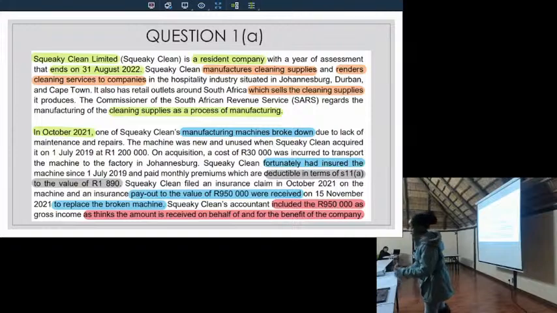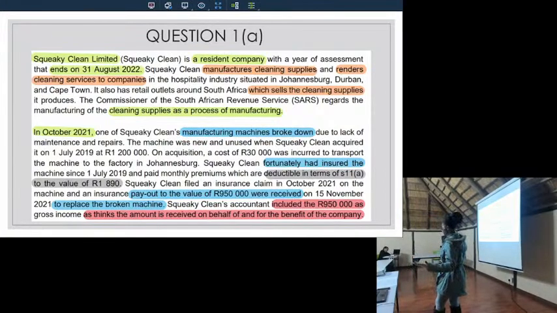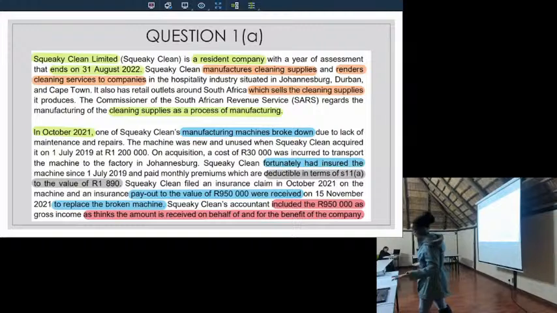Cool. So it also has retail outlets around South Africa which sell cleaning supplies it produces. That's another trigger. Okay, my cleaning supplies will be the company's output, and then whatever asset it uses to produce those cleaning supplies will be capital in nature, right? Using the case of the tree and the fruit. Are we good?